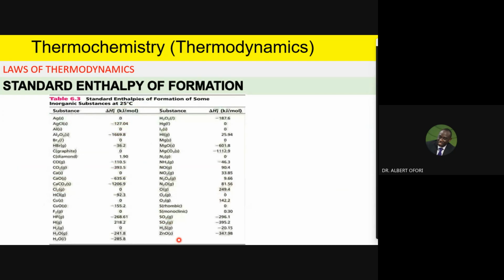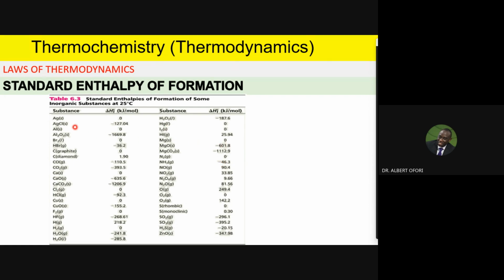If I should come here, the enthalpy of ammonia is somewhere. These are elemental forms, this hydrogen gas. The table extends. So this nitrogen, ammonia is minus 46.3. You can see that. That's the enthalpy of formation.